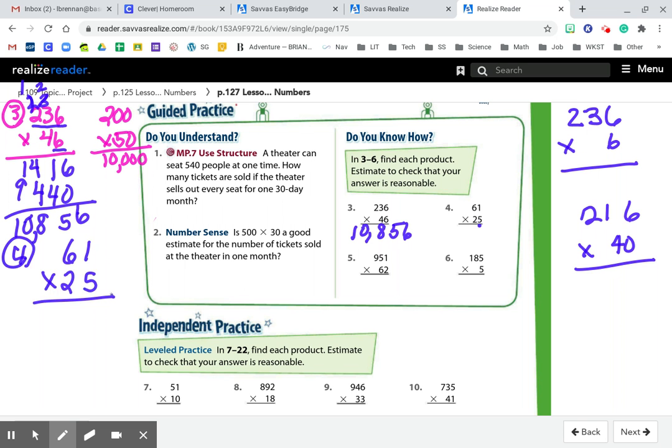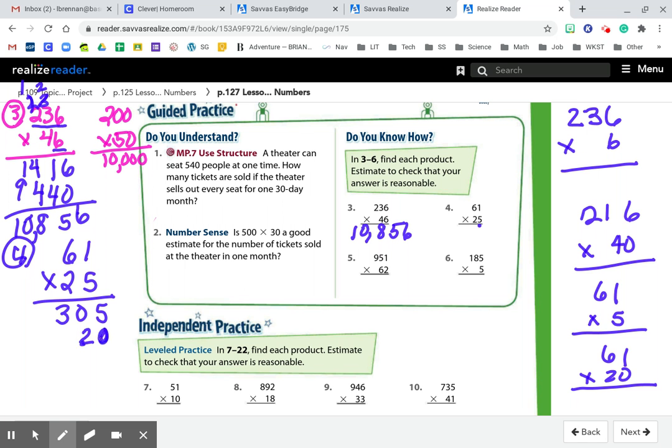61 times 25 is the same as saying 61 times 5 plus 61 times 20. And you did those kind of problems last year. So 5 times 1 is 5. 5 times 6 is 30. 20 times 1, 2 times 1 is 2. But remember, I'm moving that over, annexing a 0 there, because it's really 20 times 1.